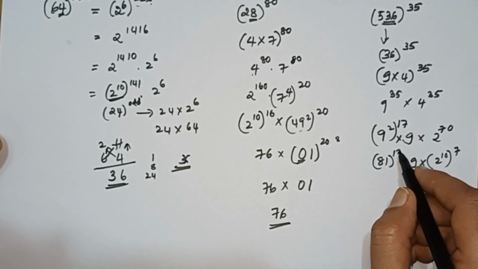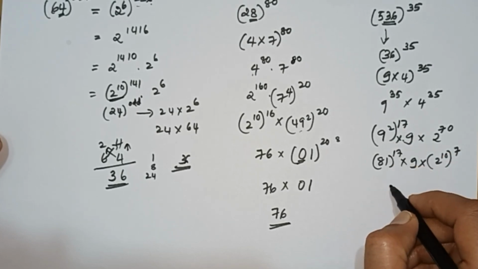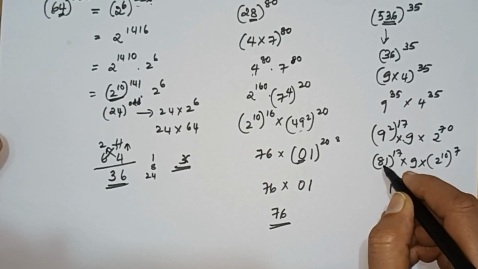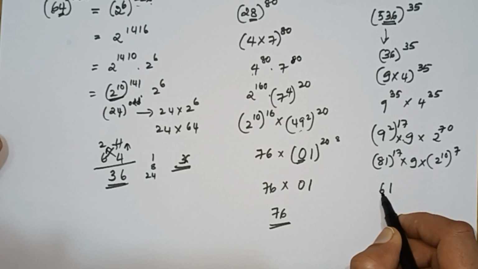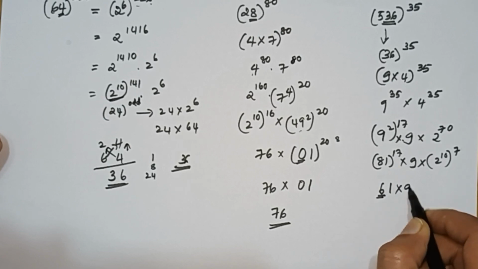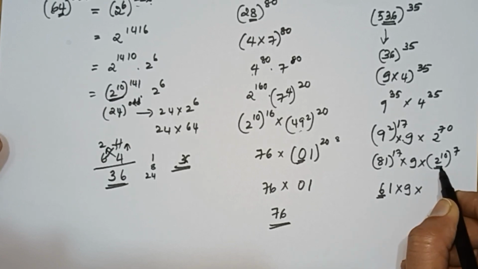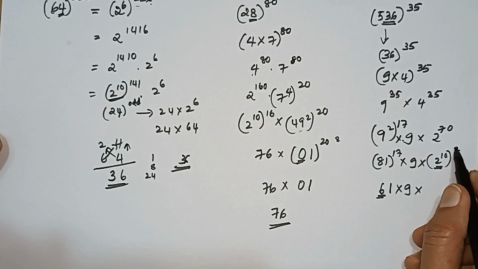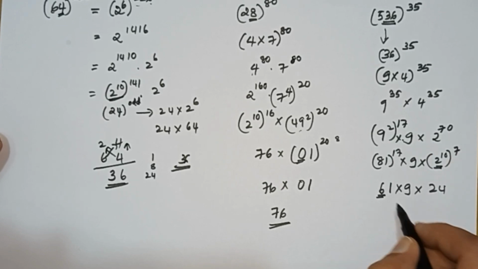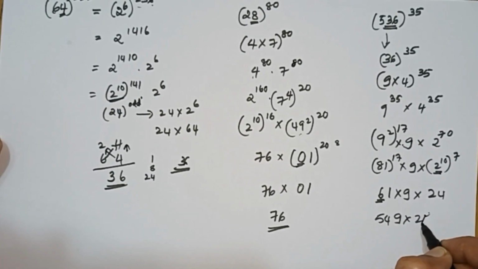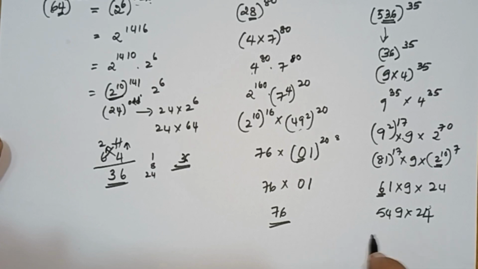So 81 to the power 17 has last two digits: the last digit is 1, then 8 sevens are 56, so the tens digit is 6, into 9 into 2 to the power 10, which ends in 24. 24 to the power odd ends in 24. Therefore, let me multiply this one. 549 into 24. Therefore, I have to find the last two digits of this product.